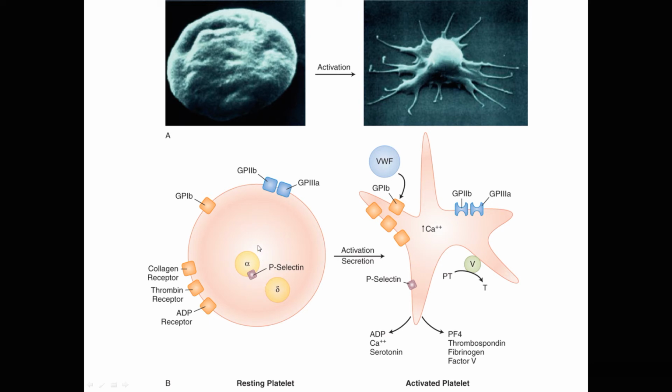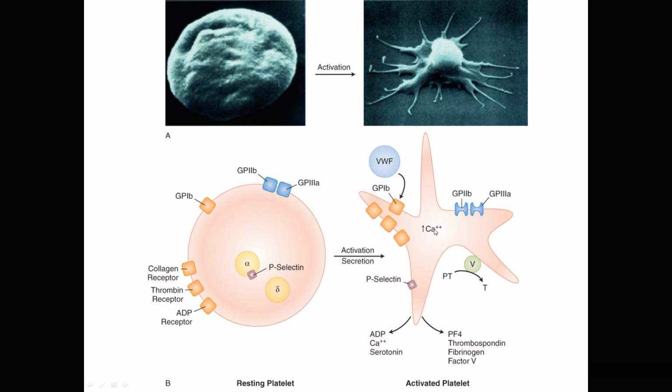And on the scheme, the main components, especially, let me stress the presence of proteins such as the glycoprotein 2b and 3a complex, the glycoprotein 1b, collagen, thrombin, and ADP receptors, and the selectin presence.